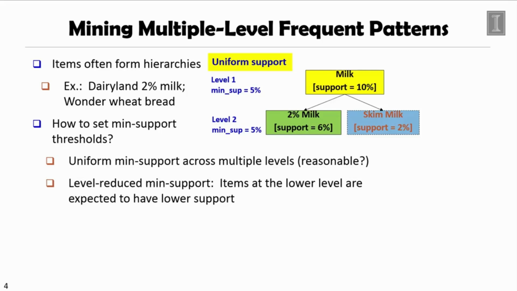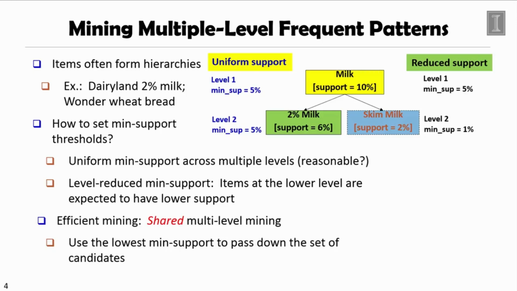That means for items at a higher level, you use a higher minimum support like 5%. When you go down to the lower level, you may adopt a lower minimum support like 1%. To that extent, the skim milk will show up. At a higher level, some peanuts or some other things may not show up if they are not interesting, they are not frequent at all.